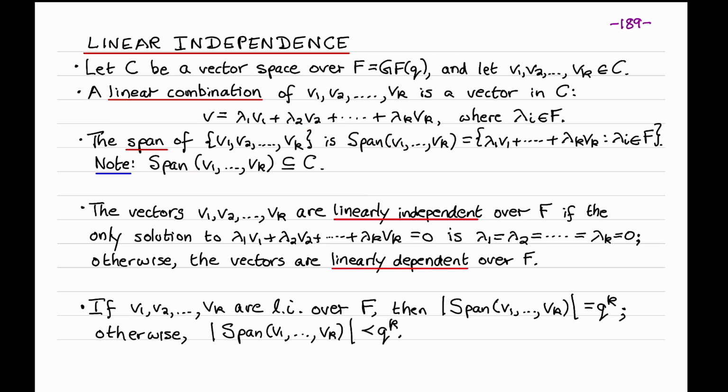Since there are q choices for each scalar, and k scalars in total, the size of the span of v1 through vk is q to the power k. Otherwise, if these vectors are linearly dependent over F, then their span has size less than q to the k.